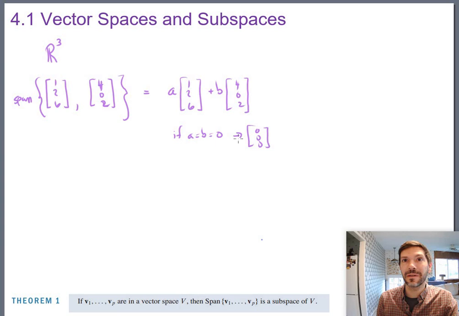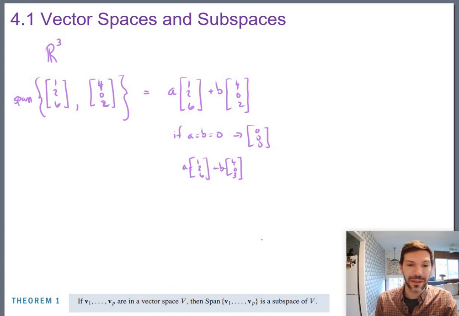Is it closed under addition? In other words, if I add two of these together, do I get something that is still in this form? That's still in the span of 1, 2, 6 and 4, 0, 2.